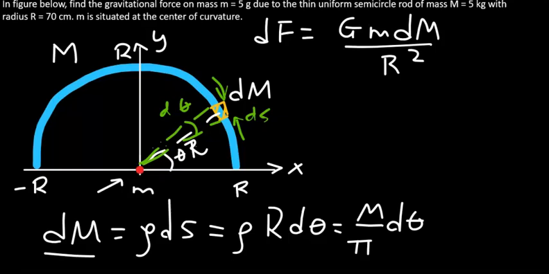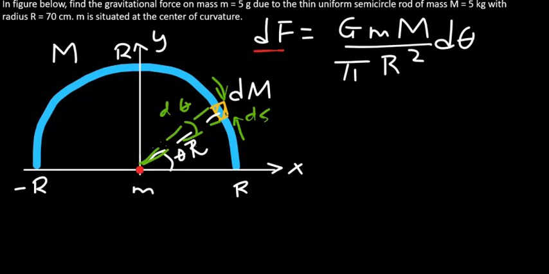Let's substitute this expression for dM in here, which will give us capital M there, pi there, d theta there. This is the expression for the attractive force exerted by that element on that tiny particle.